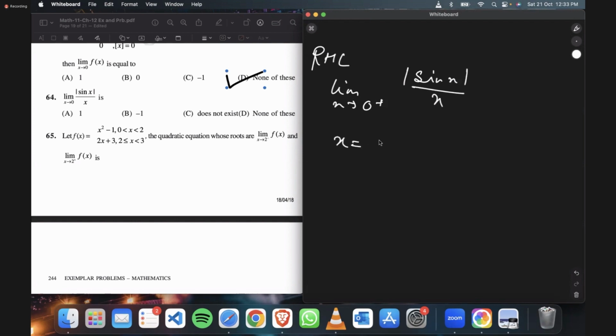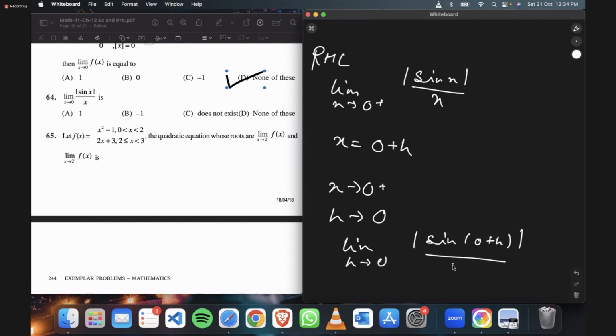So I'll just put my x equal to 0 plus h. Okay. So when my x is approaching 0 plus, then my h must approach 0. Alright, that is correct. So the limit for h tends to 0 becomes modulo of sine 0 plus h divided by 0 plus h.